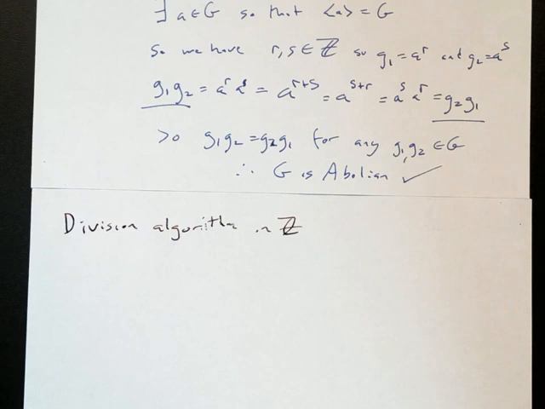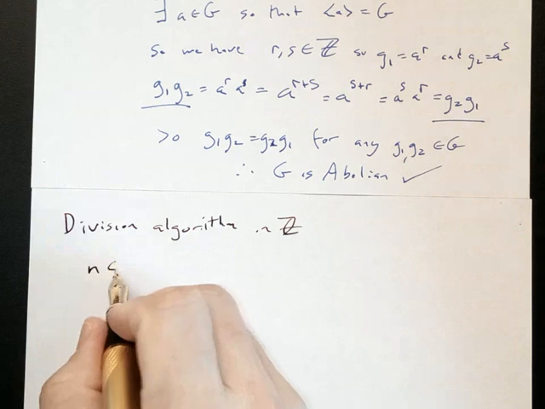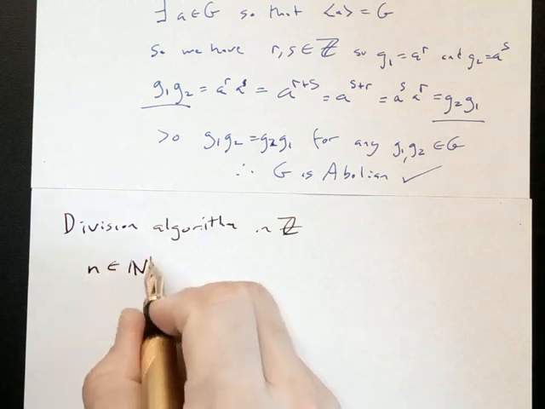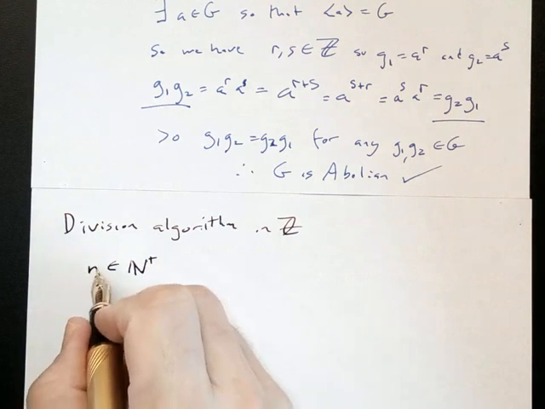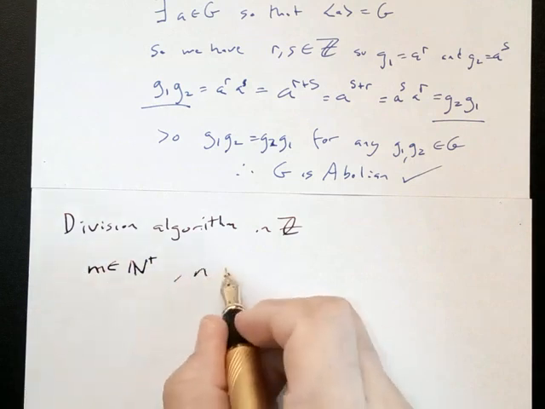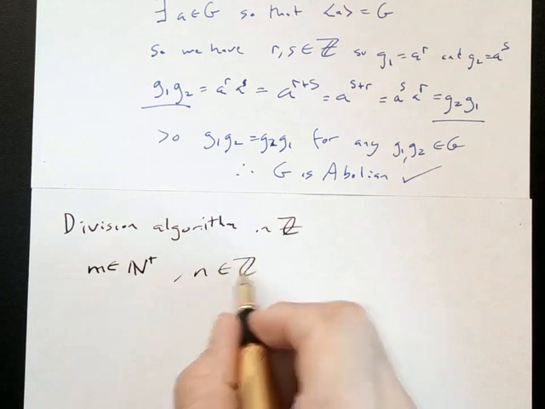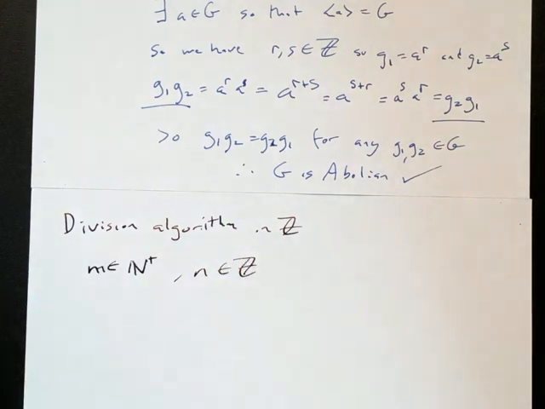We did this in chapter 4 in discrete. If you have a positive number m, and then you have any integer n, you can divide n by m.